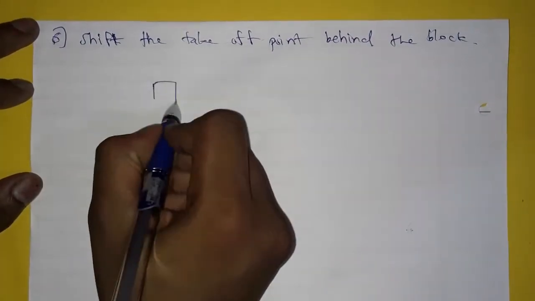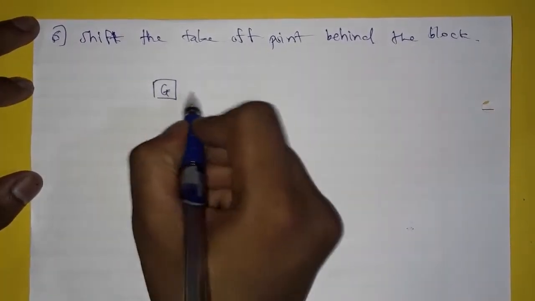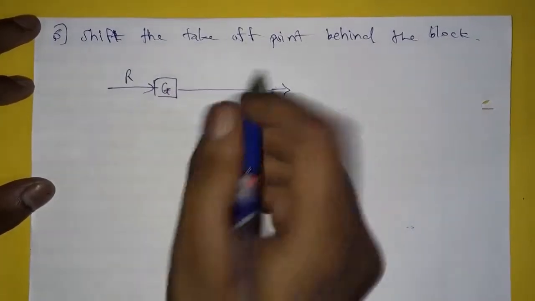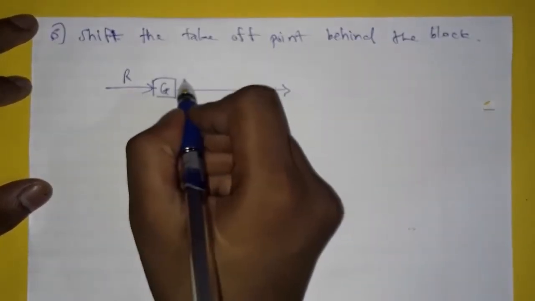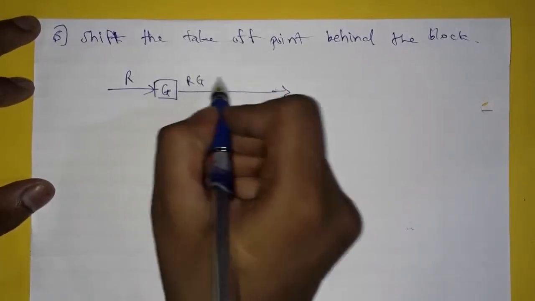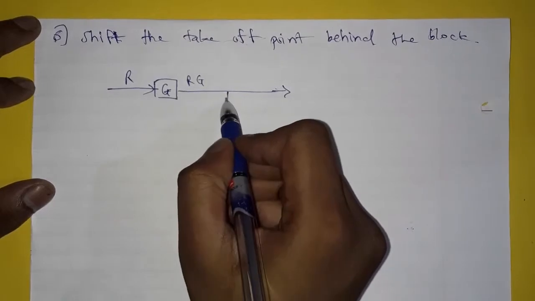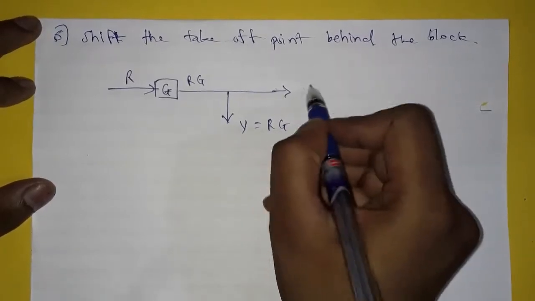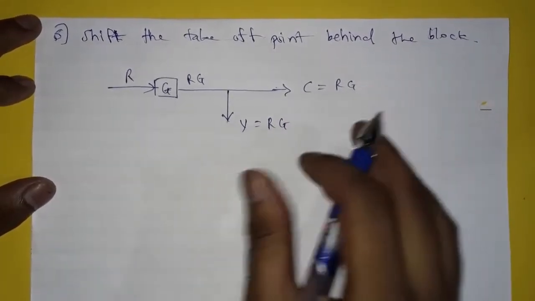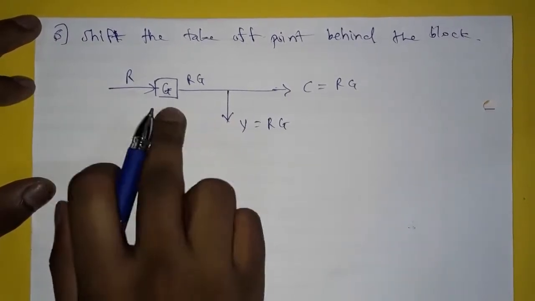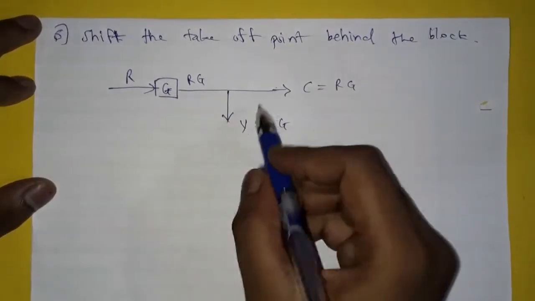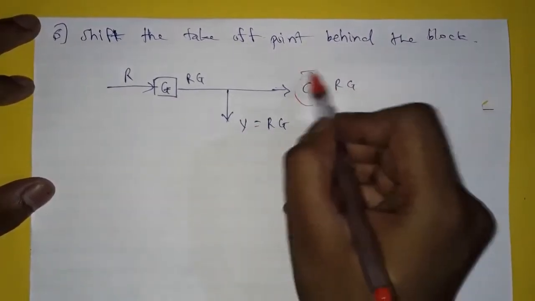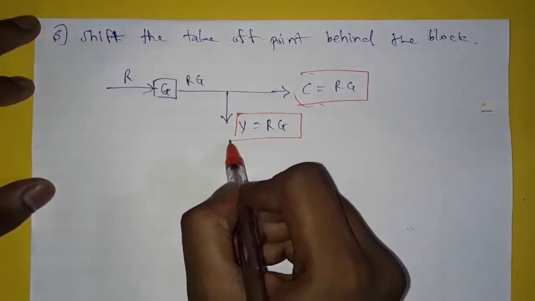See, this is G, this is R. Here the output of this will be R into G. If here will be the takeoff point like this, then here Y is equal to RG and C is equal to RG. The output of R and G, that is RG, is divided into two arrows. Here it is C is equal to RG and here it is Y is equal to RG.